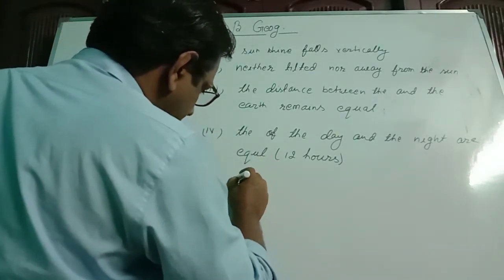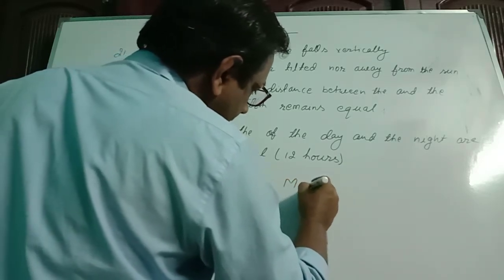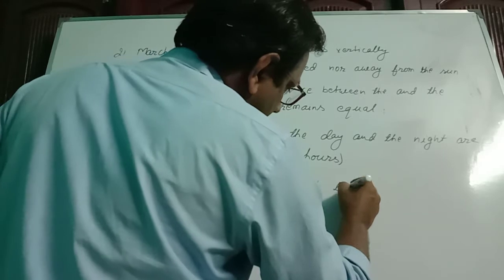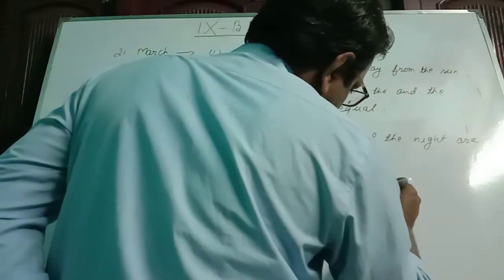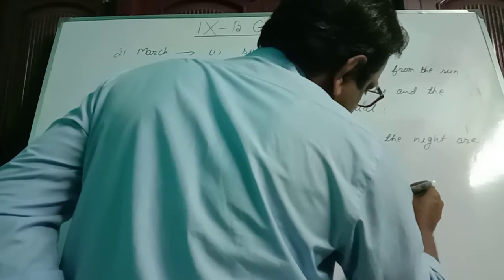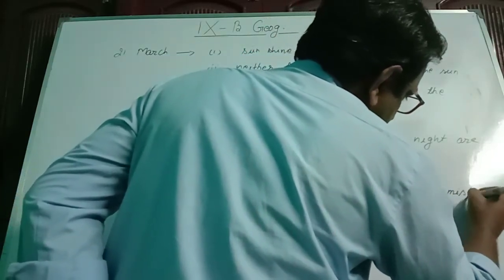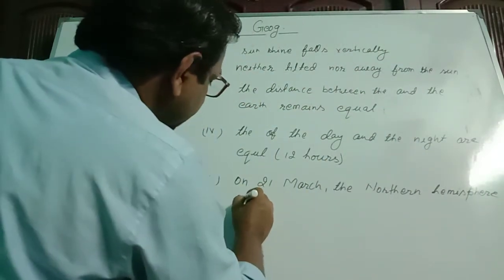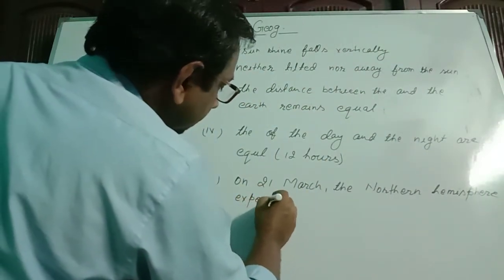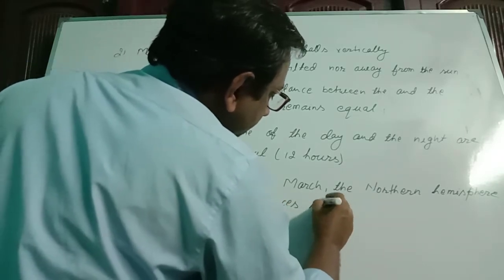Number 5, on 21st March, the northern hemisphere experiences spring season.